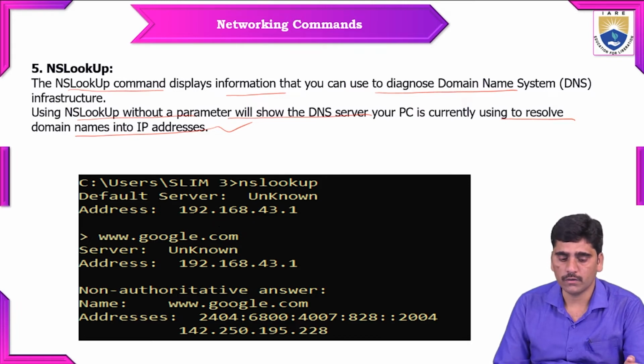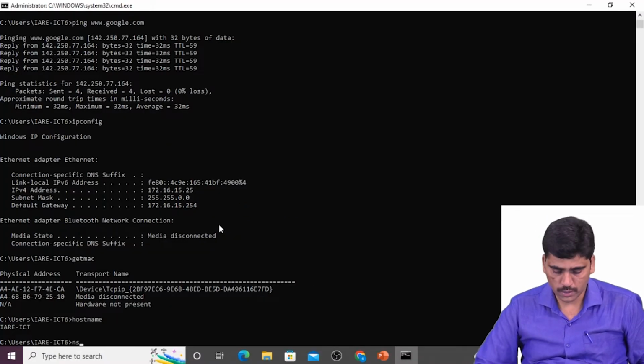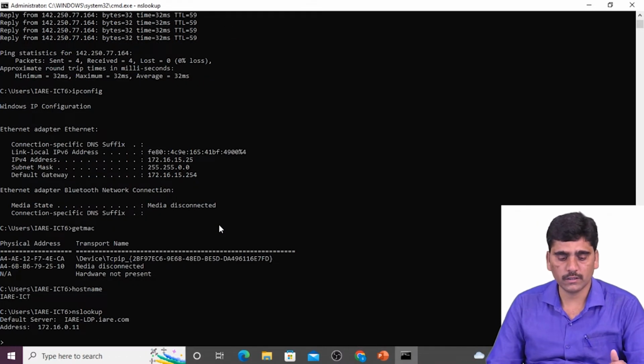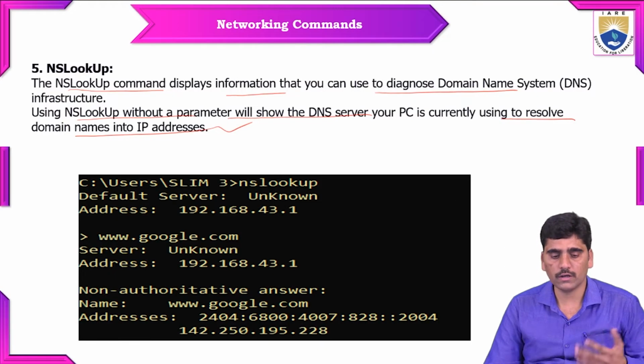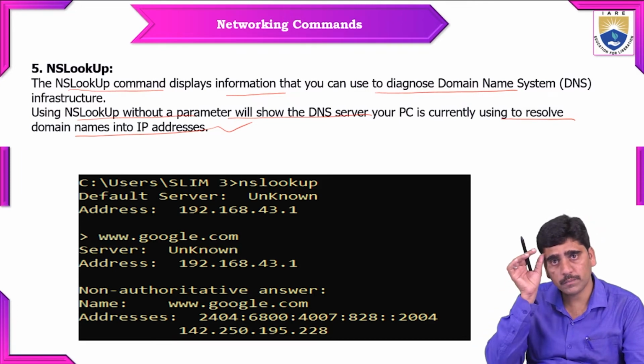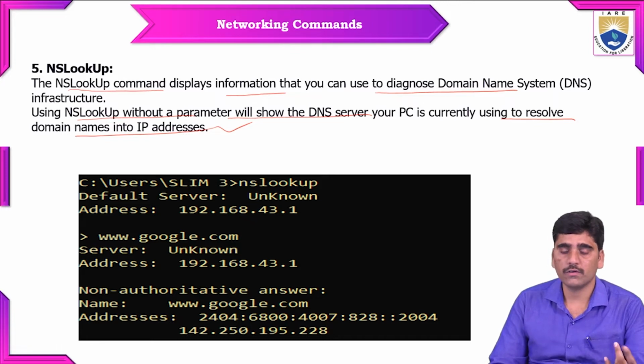If you type nslookup here, it displays the default server IARE.ldp.iare.com and the address 172.16.0.11. So the nslookup command displays the server name of the network along with the IP address.